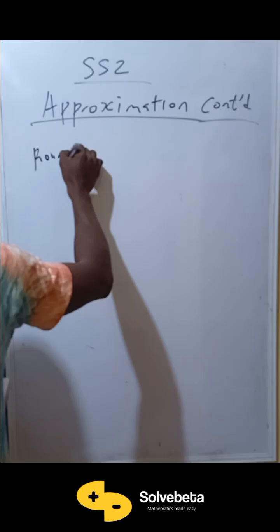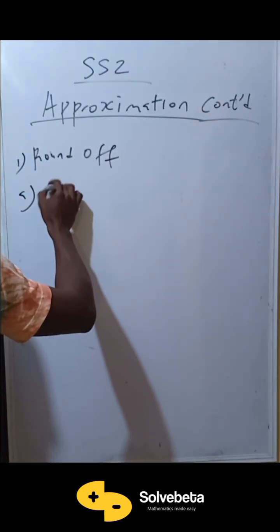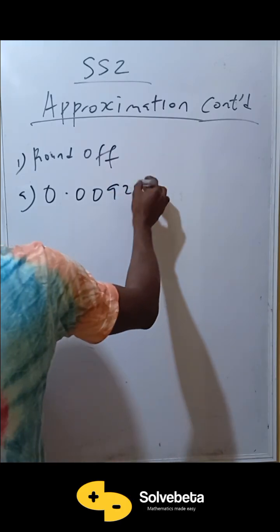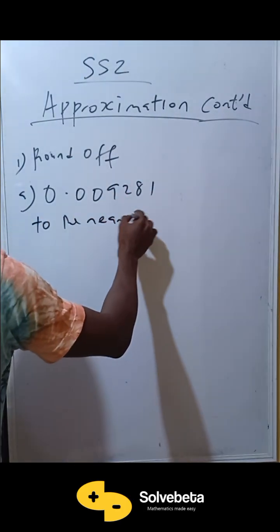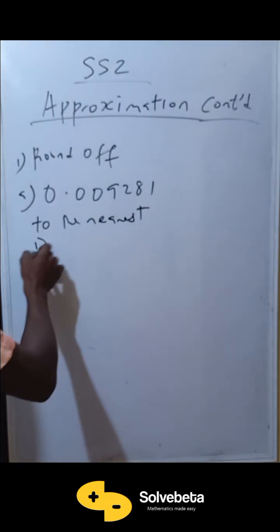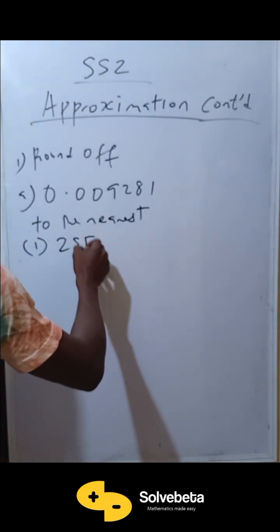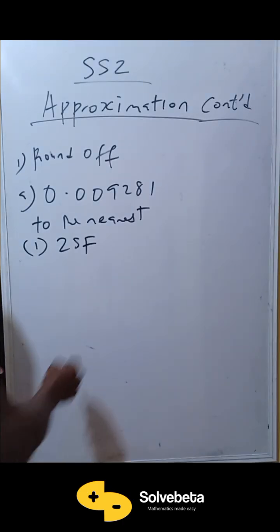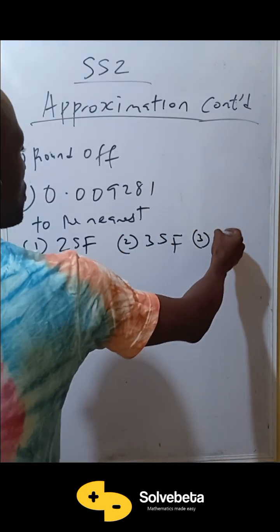Round 0.009281 to the nearest one. Then round to 2 SF, 3 SF, and 4 SF.